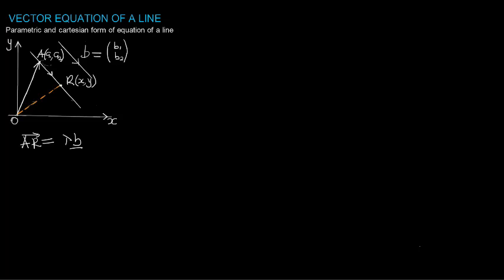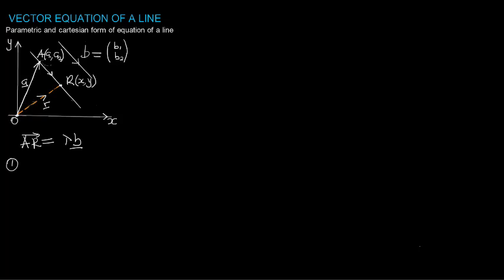Now what it means is that, from this diagram, we are in the Cartesian plane, the y and then the x axis. If I want to move from the point O to the point R, I can move from O to A and then from A to R. So let me denote this vector from O to R as small r, and OA I denote by A. The first step is that we know that two lines are parallel.